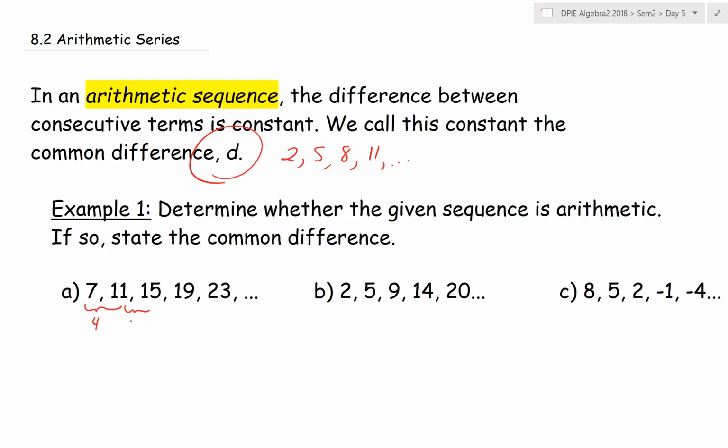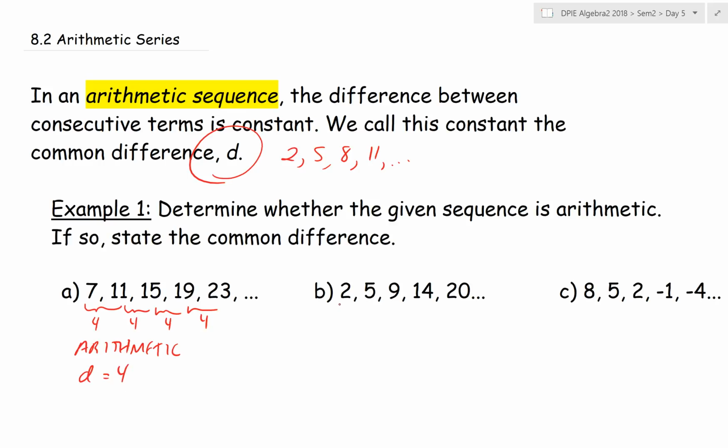And then to get from 11 to 15, we would add 4 again, and then add 4 again to get 19, and then add 4 again to get 23. So since the difference is the same for each of the consecutive terms, we'd say it is arithmetic, and the common difference is equal to 4.